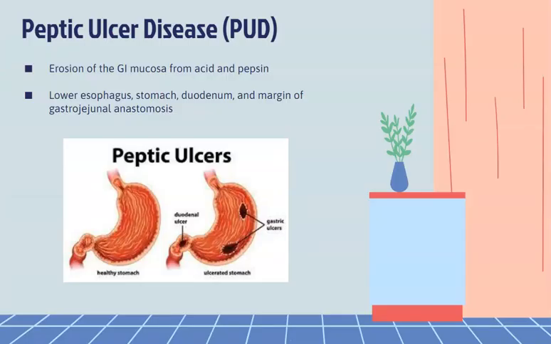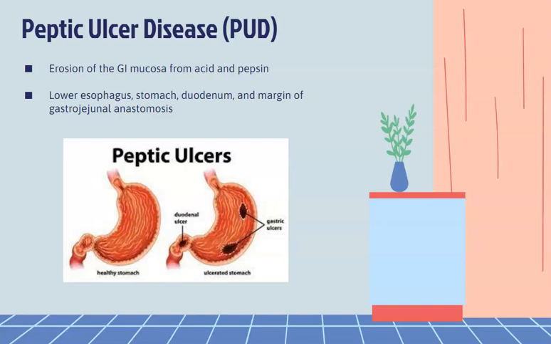All right, moving on to peptic ulcer disease. Peptic ulcer disease is pretty prevalent as well, affecting about 4.5 million Americans annually. There are three types of peptic ulcers.